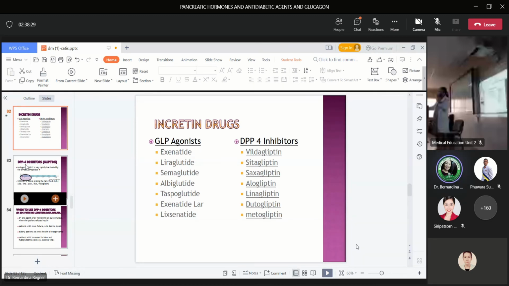Are you following? For your DPP4 inhibitors, you have here vildagliptin, sitagliptin, saxagliptin, alogliptin, linagliptin, dutogliptin, and metogliptin.